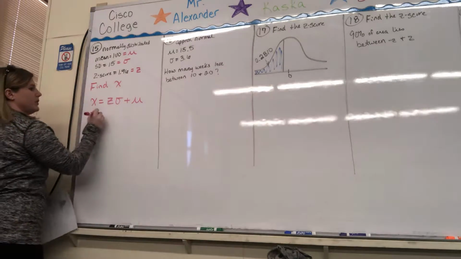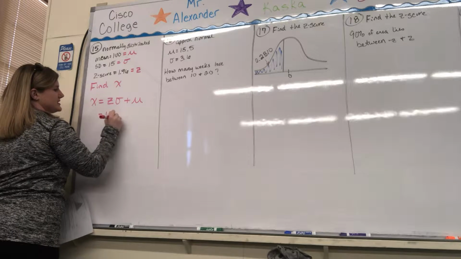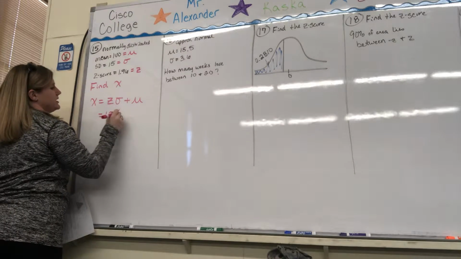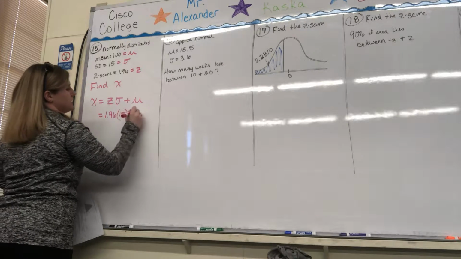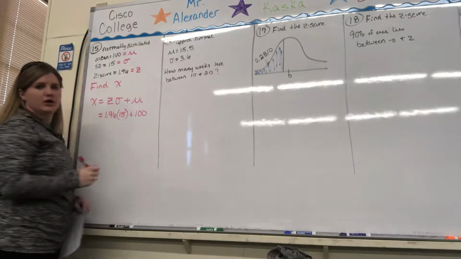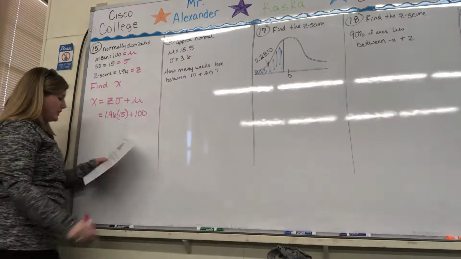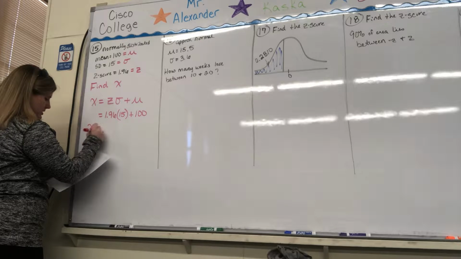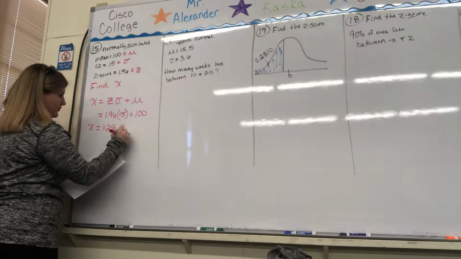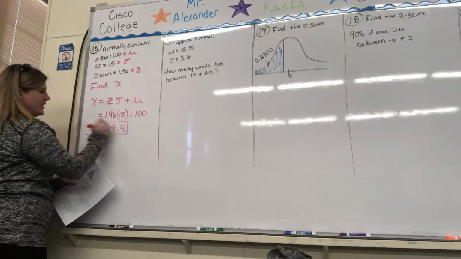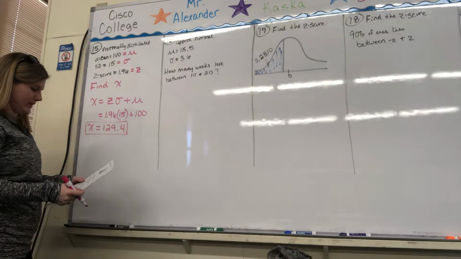So plugging in what we know, the z-score is 1.96, our sigma is 15, plus our mu is 100. We can put all this in our calculator in one step, and we would get that x equals 129.4. So that is our IQ value that's associated with that z-score of 1.96.